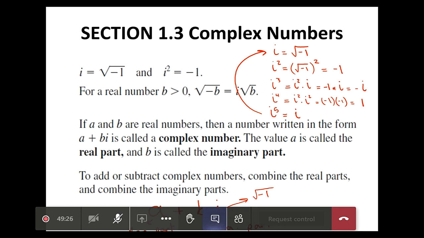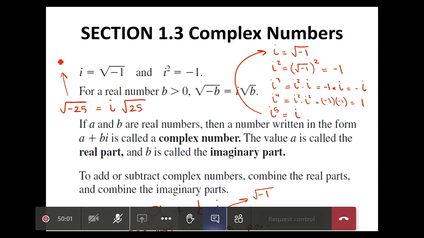Okay, now if we have a real number, for example, radical minus 25. If we have a negative inside the radical, this is a complex number. What's the value of radical minus 25? We can remove the negative inside the radical, but we must put i and radical 25. Why?